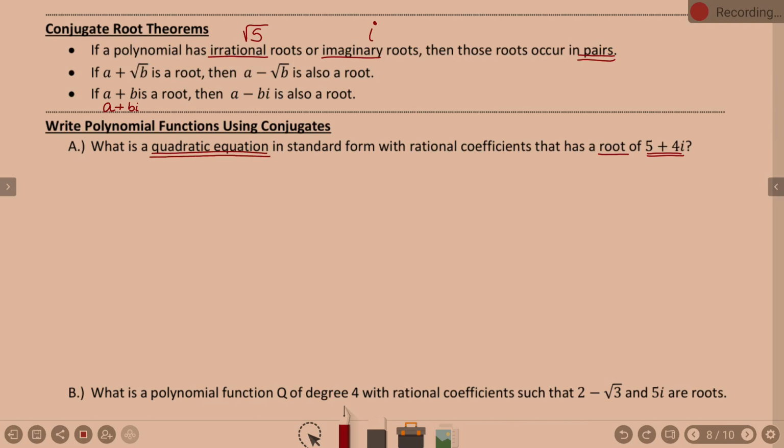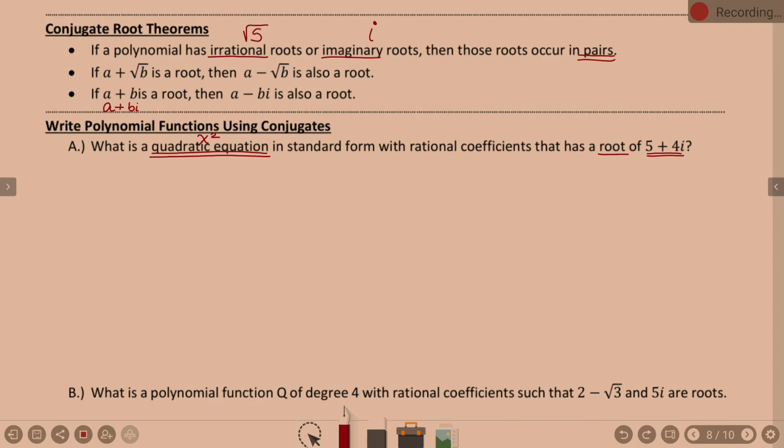A quadratic equation is going to be x to the power of what? What's quadratic? That's x to the second. Yeah, 2. I think of quad and think four, but nope, x to the fourth in math is quartic. So quadratic equation, x to the second, which means there should be 2 roots.